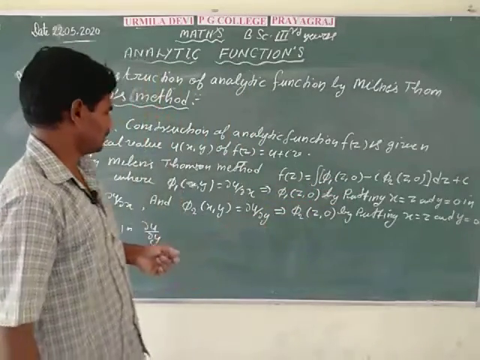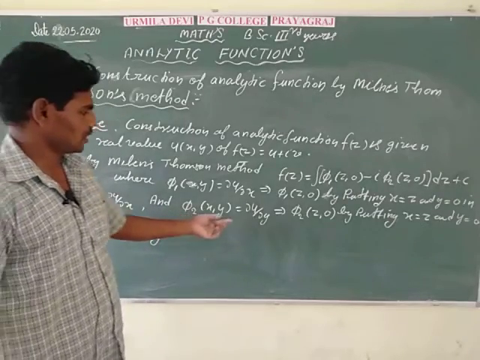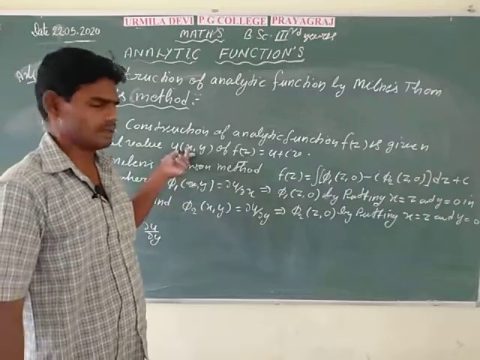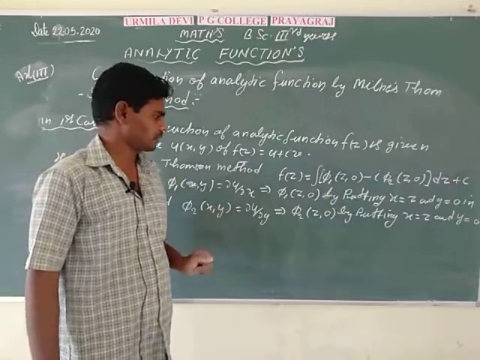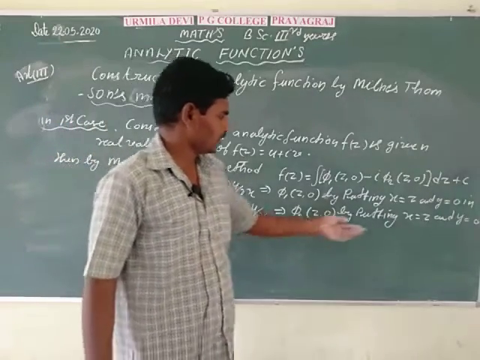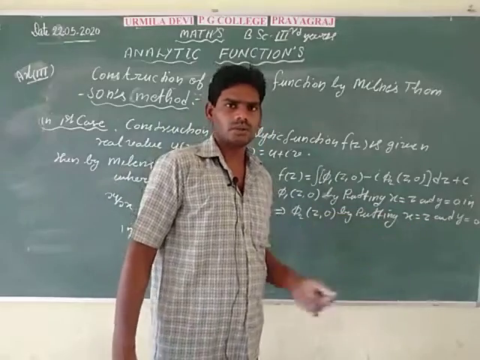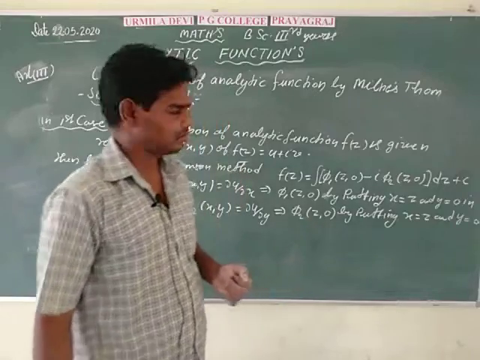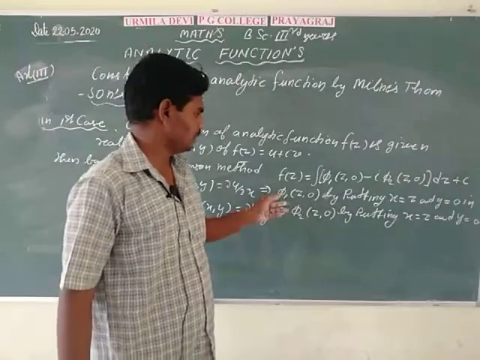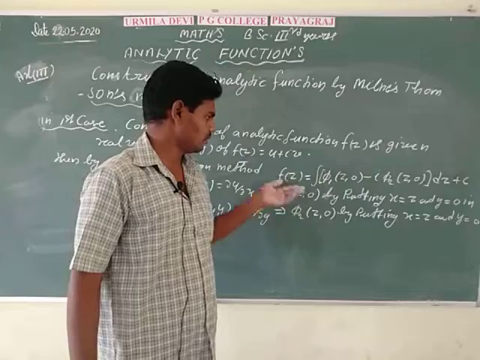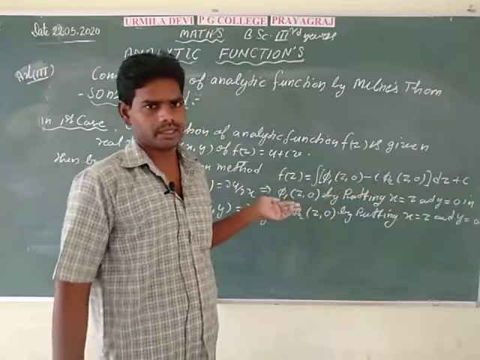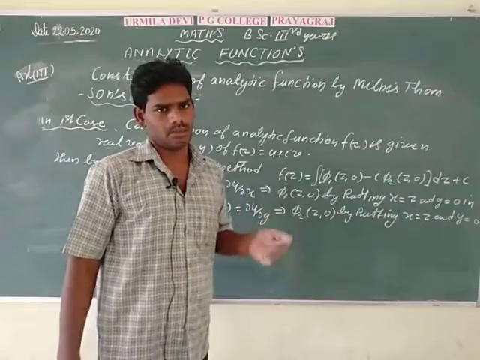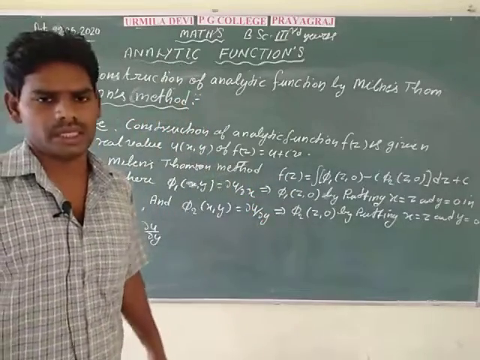Same as phi 2 is equal to del u by del y, means taking partial differentiation of given real value with respect to y, and after that putting x equal to z and y equal to 0, then phi 2(z, 0) is complete. Putting these two function values phi 1 and phi 2 in this equation and taking integration with respect to z, then f(z) is complete.